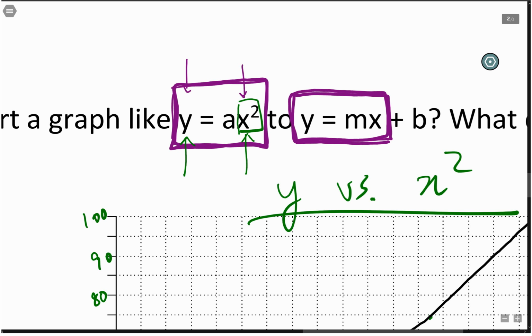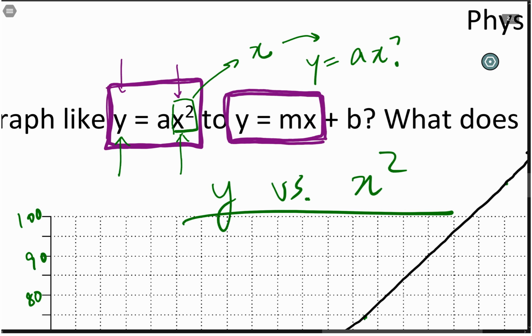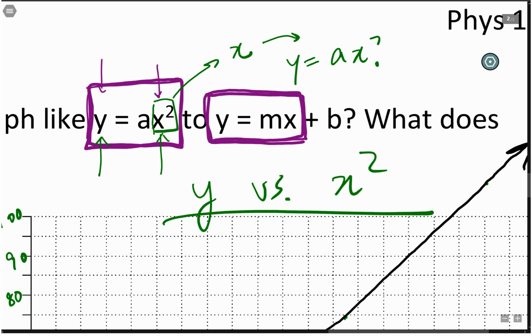If we plot this whole thing as x, wouldn't that convert our equation to y is equal to mx, or whoopsies, ax? What does that tell you about a in terms of slope?